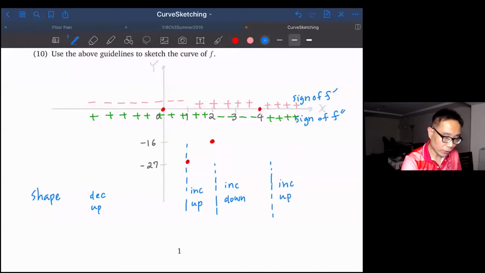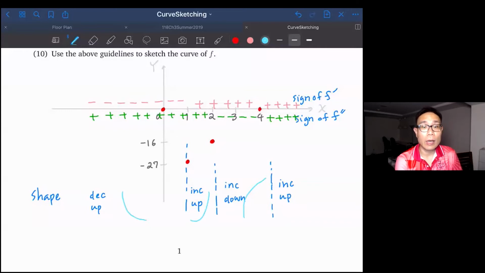Okay, so the shape of the graph turned out to be decreasing concave up. It's going to look like this shape. Increasing concave up, it's going to look like this shape. Increasing concave down, it's going to look like something like this. Okay, and decreasing concave down is this shape of the graph that we have learned last lecture.